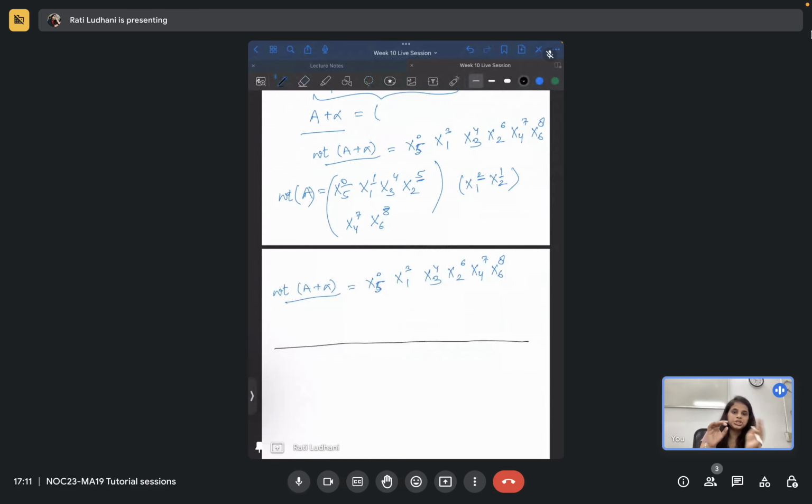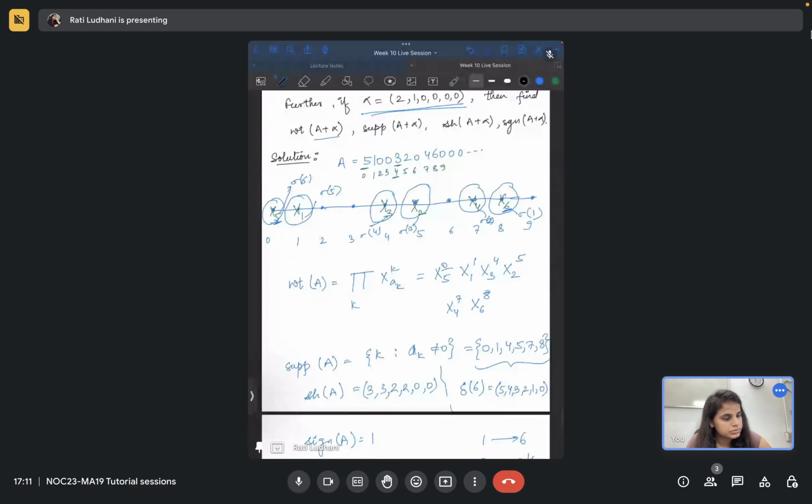This says you are shifting the exponents forward, for example, two spaces forward for x1 and one space forward for x2. So the position is getting shifted. Let me copy this also.